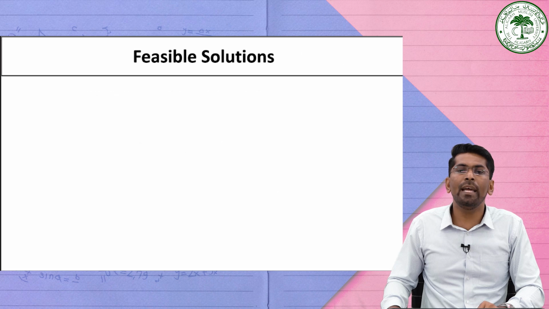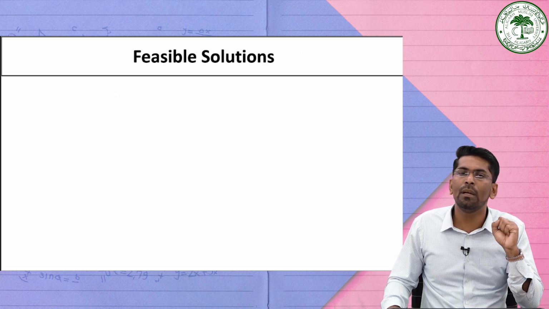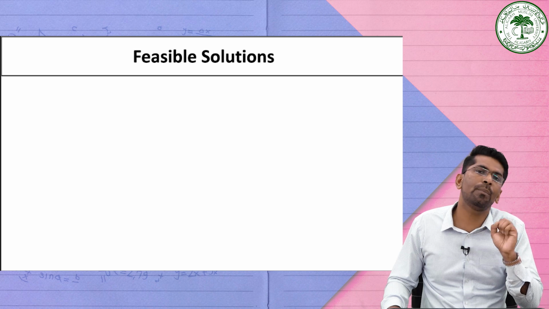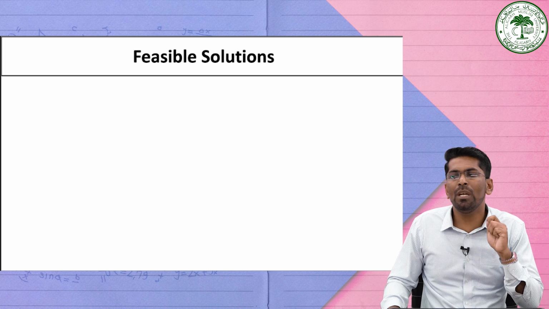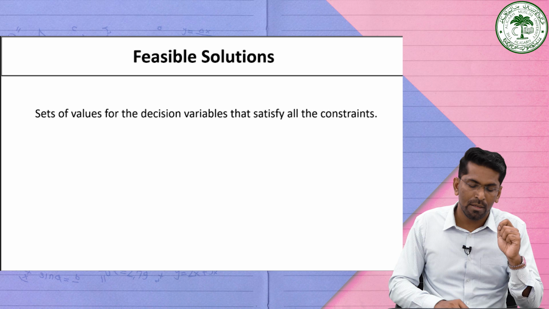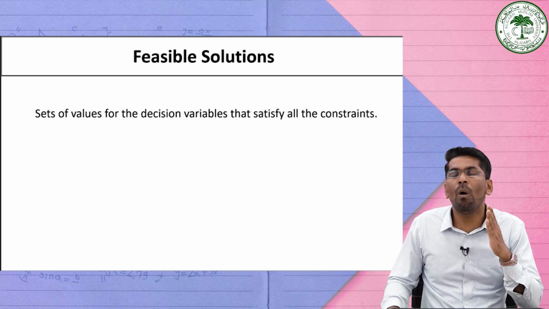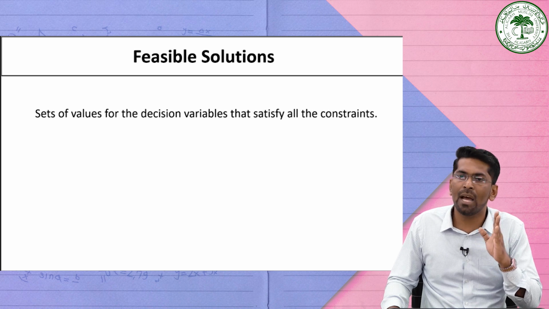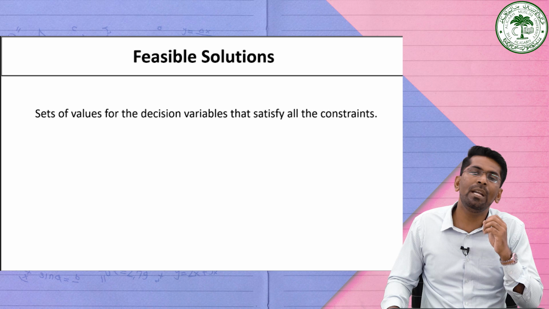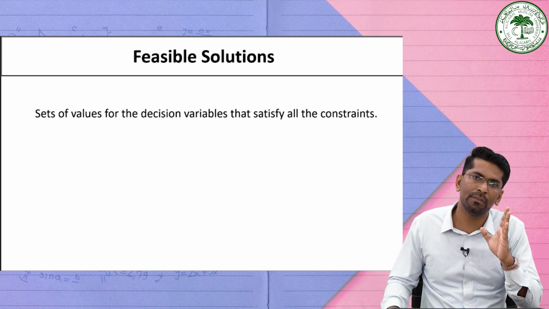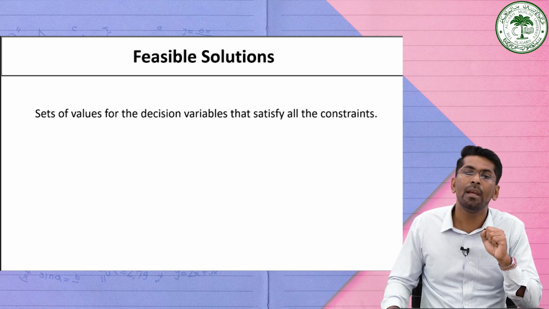After finalizing the mathematical expression, we consider some of the terms generally used in linear programming problems. One is the feasible solution. What do you mean by a feasible solution? A feasible solution refers to the set of values for the decision variables that satisfy all the constraints of the problem. As I have already told you, we may have different types of limitations, which are generally known as constraints.